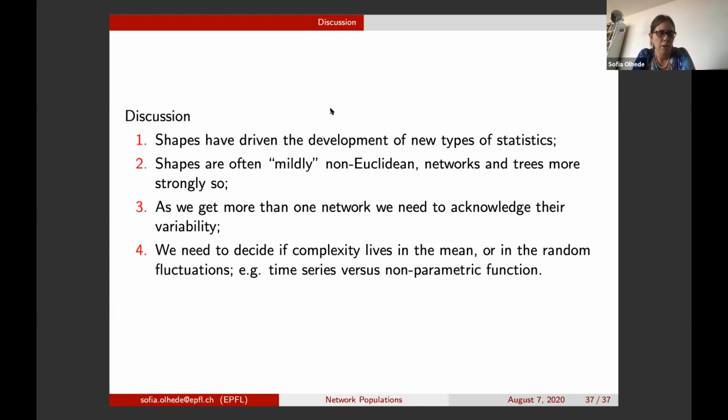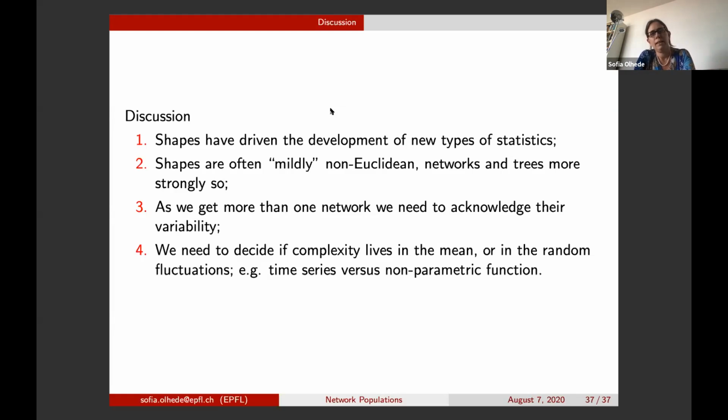So to put context around this, shape theory and understanding observations, which cannot just be seen as simple numbers that are Gaussian IID, has driven a lot of development in statistics of the past 10 to 20 years. Shapes are considered to be mildly non-Euclidean. You can always think of making little patches on shapes where you don't really have to worry about staying on the shape or not, because they kind of behave all right locally.